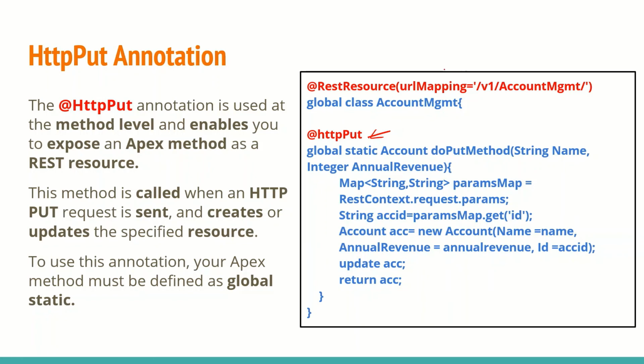We have to have that particular URL mapping where we want to hit that data or where we want to get that data from, on which particular record we want to do an update operation. Then your method should be global, static. In the same manner, whatever value you want to pass, name or anything, in this case we are passing annual revenue, then we will set those fields and update it. So in HTTP put you can create the data and you can update the data, but in patch you can only update the data which exists in the system.